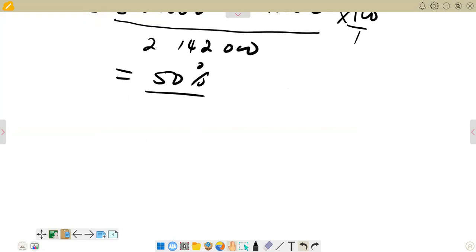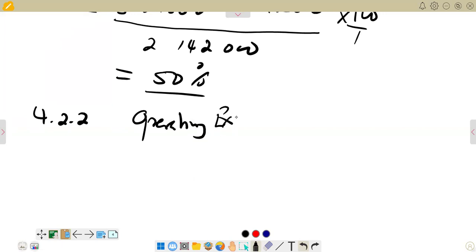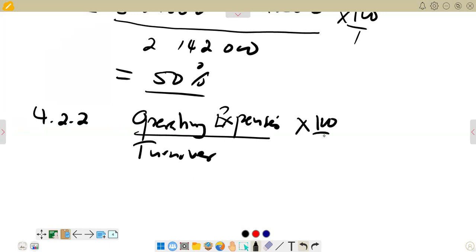So we are on 4.2.2, and the formula that we are using is operating expenses over turnover, and then obviously multiplied by 100 over 1.